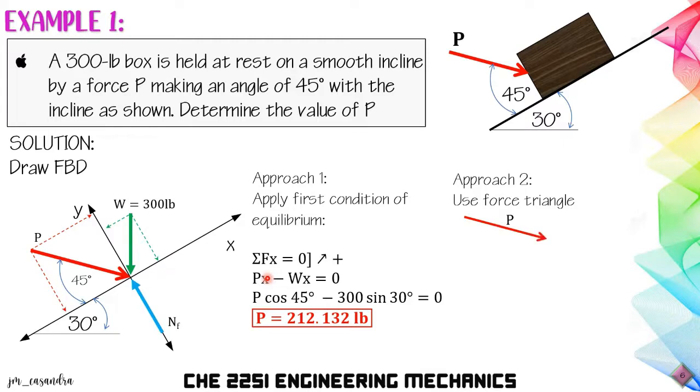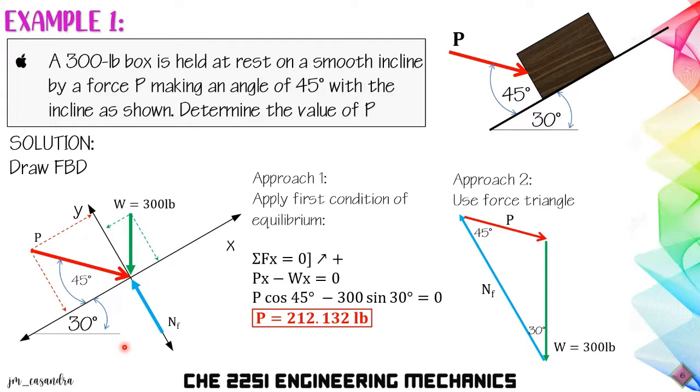We have here the applied force P, the weight, and the normal force. You can draw your forces in the force triangle in no particular order. With this, the angle between P and the normal force is taken as 45 degrees, and the angle between the normal force and the weight is 30 degrees.